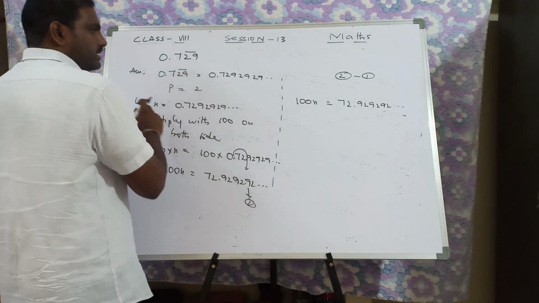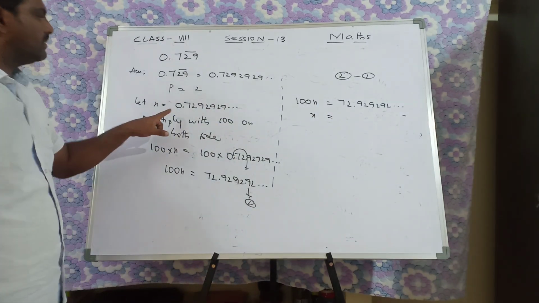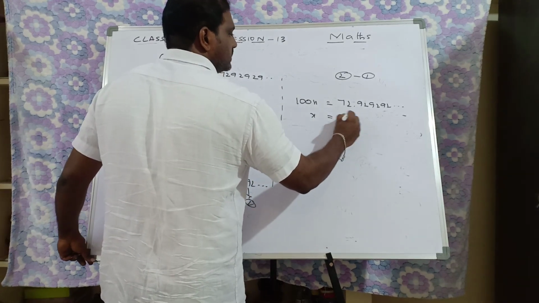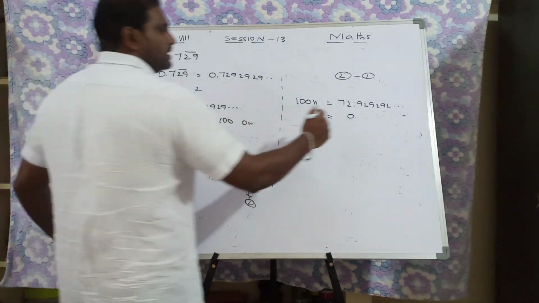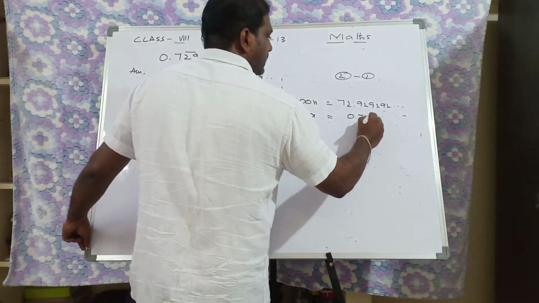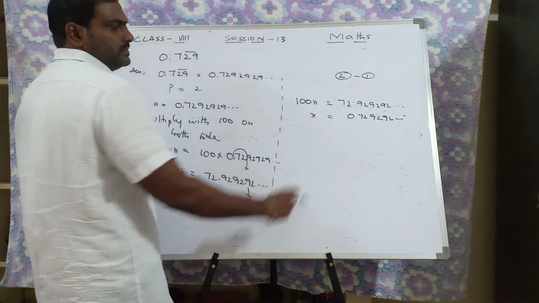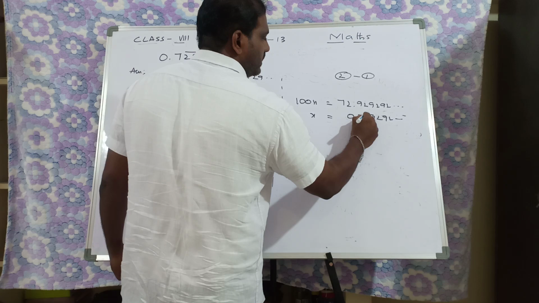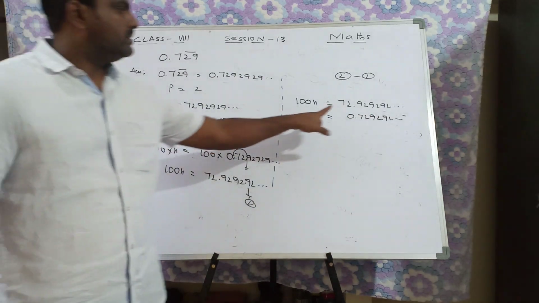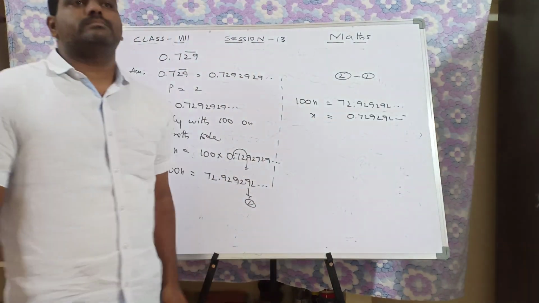And what is equation 1? x equals 0.72929 and so on. Look at this very important point: 7, 2, 9, 2, 9. Units and tens. So exactly in the units place you have to keep 0.